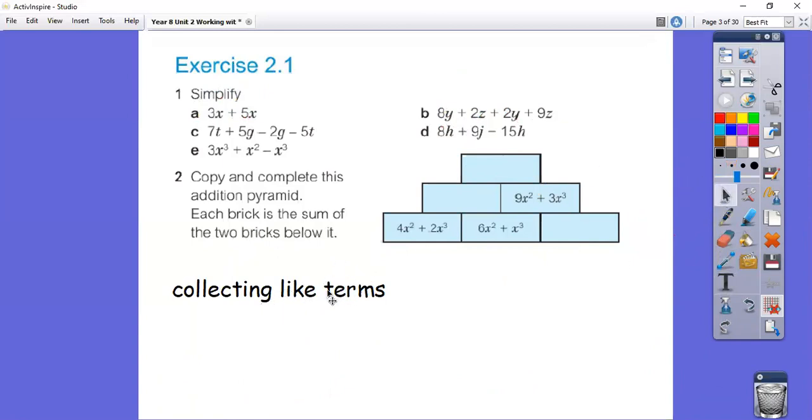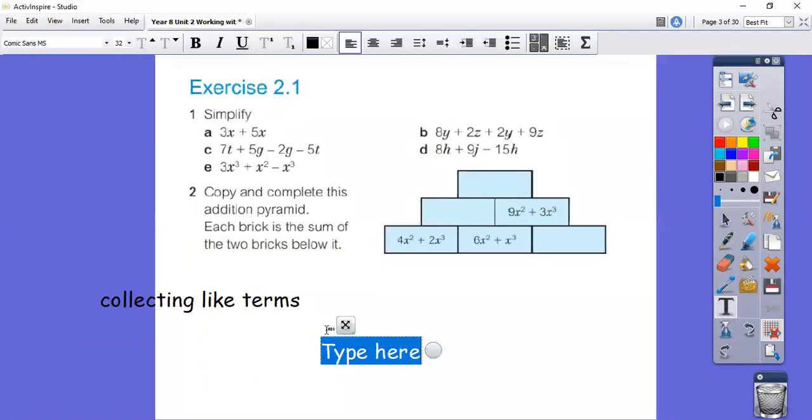Let me just write this out again. So 8y plus 2z plus 2y plus 9z.